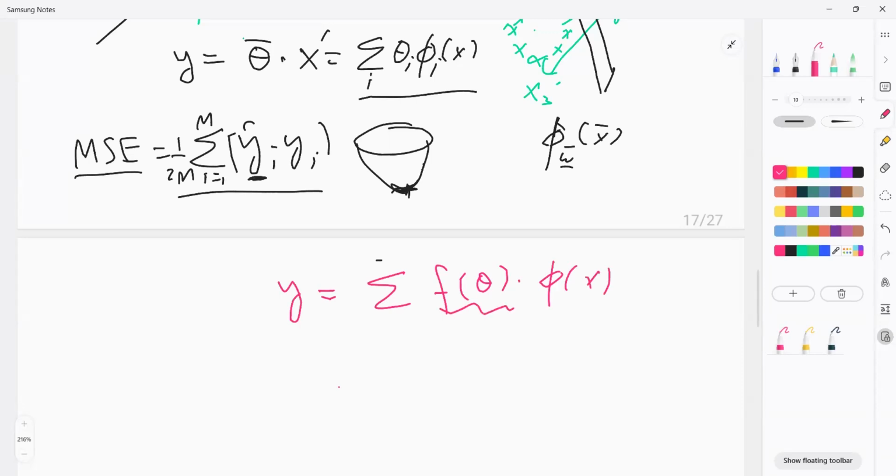But this transformation doesn't give us any benefit, because we can just call the new parameters theta prime, and then it is still a linear model.